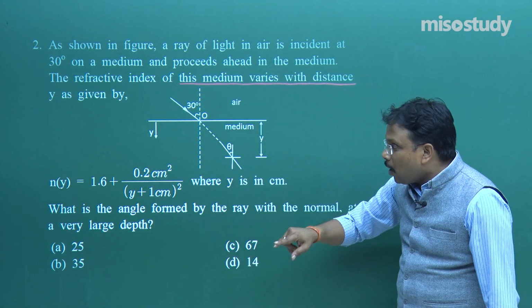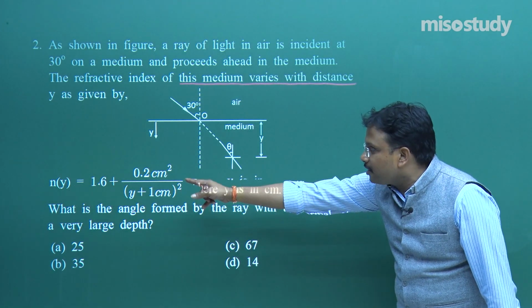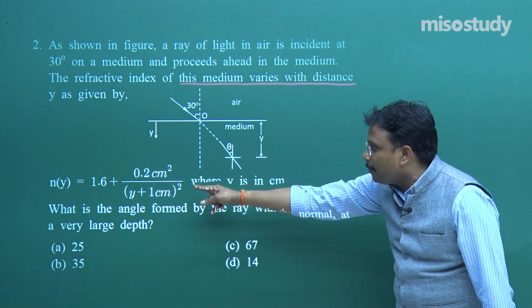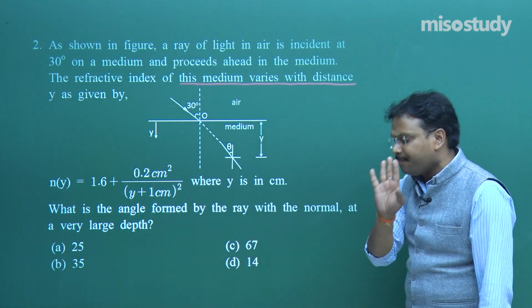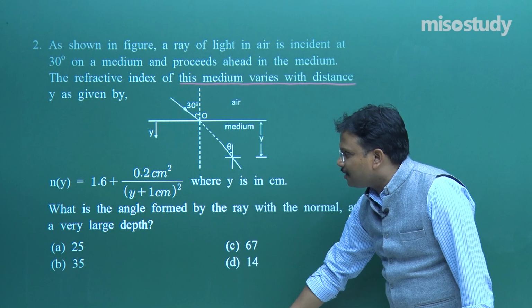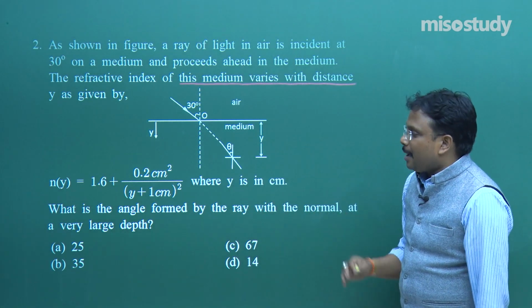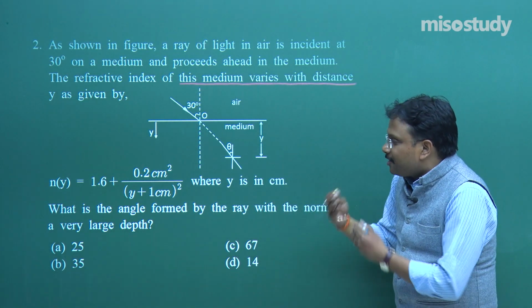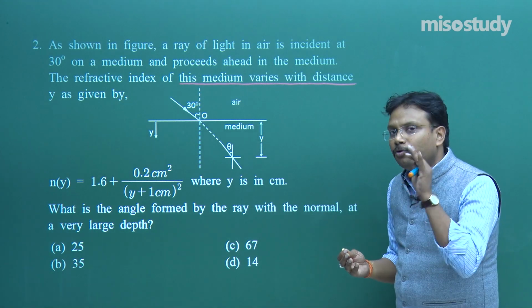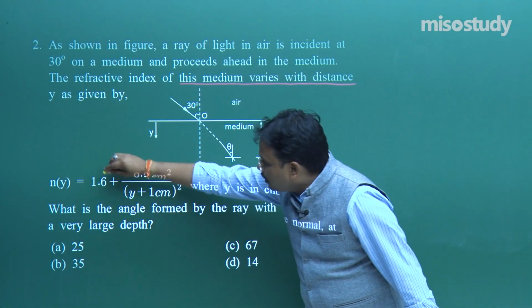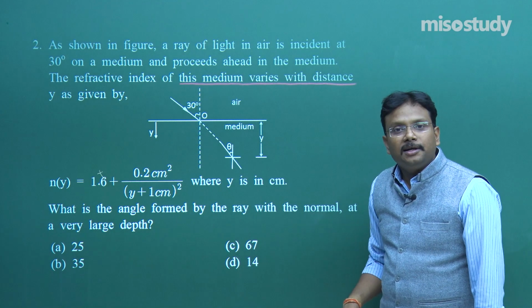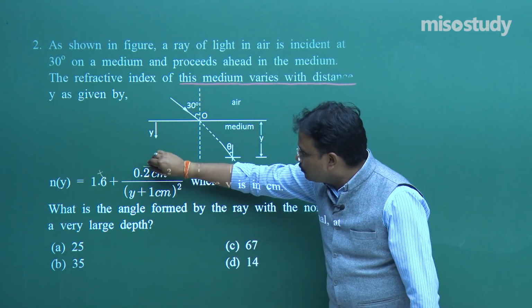And how exactly? That is 1.6 plus 0.2 centimeters upon y plus 1 centimeter. Now, over here you can say, sir, in this problem actually the examiner is just trying to fool us. Why? Constant term, good.